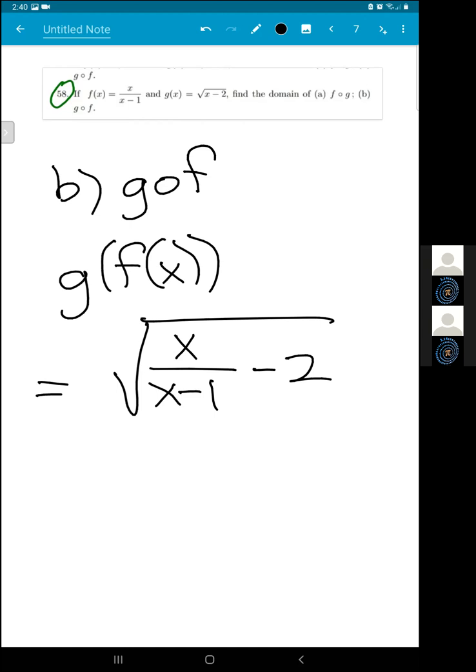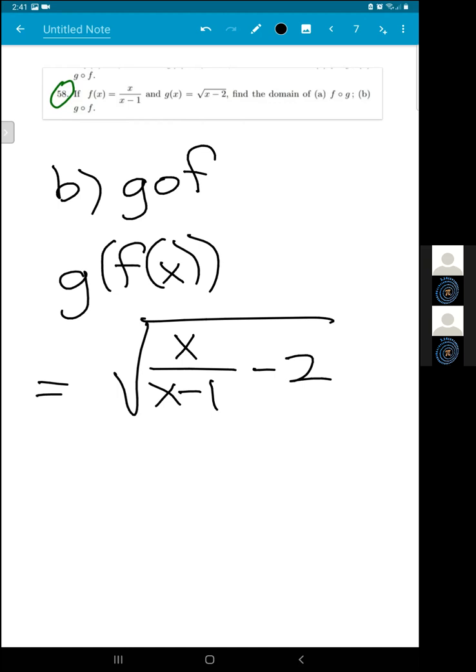Hindi ako nakapagbigay ng ganong example dito, pero doon sa videos meron yata. Hindi kasi pwedeng i-simplify agad kasi baka mawala mo yung ibang x values na dapat i-exclude. Parang extraneous. But anyway, let me do it first for this one.